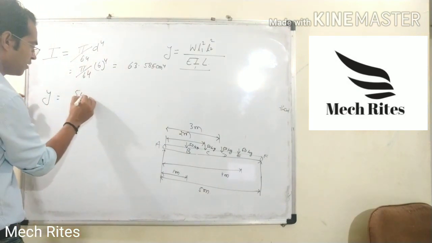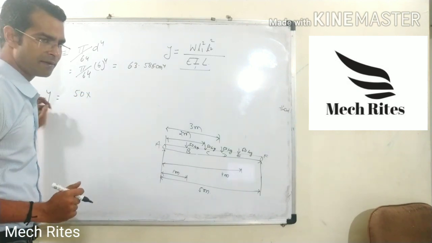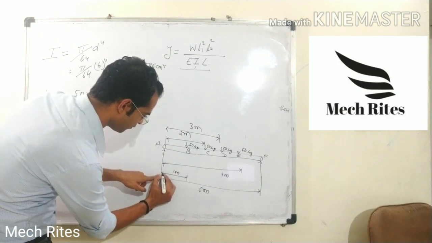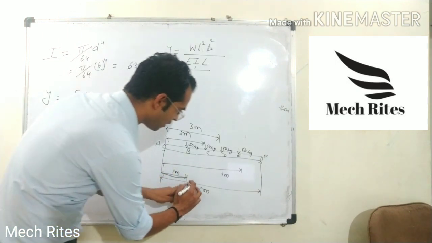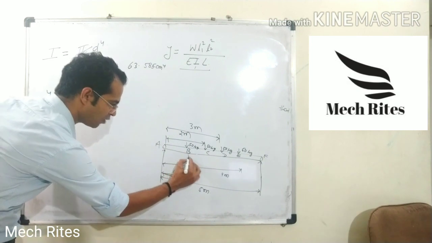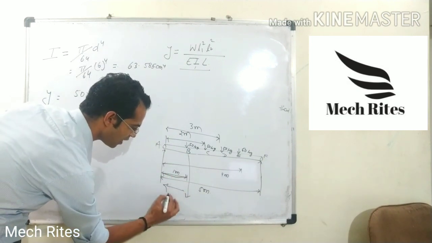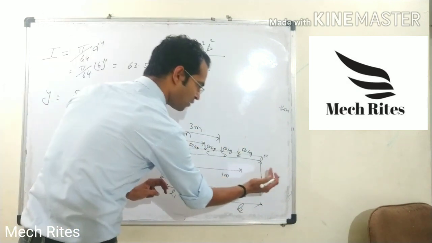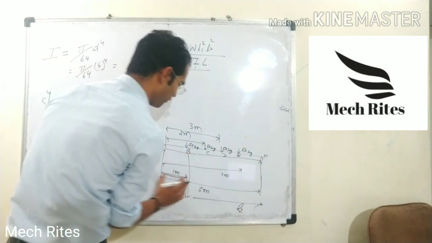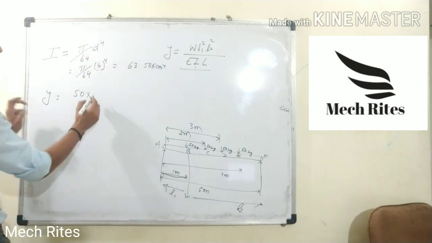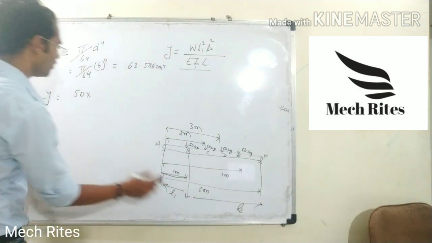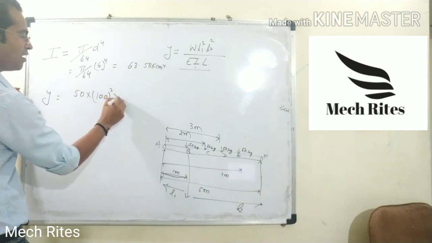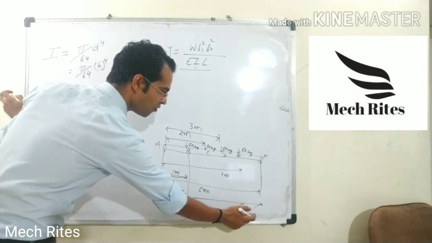So 50 multiplied by L1 square. This will be L1, 1 meter. Then the rest part will be L2. For particular B, this is your L1 and this is your L2. Either you may select from right or select from left. So I am taking from left. L1 will be 1 meter, also I will write 100 centimeter, square, multiplied by the rest, which will be 400.